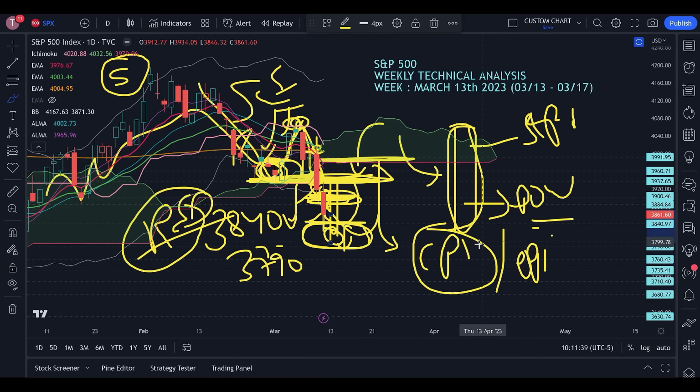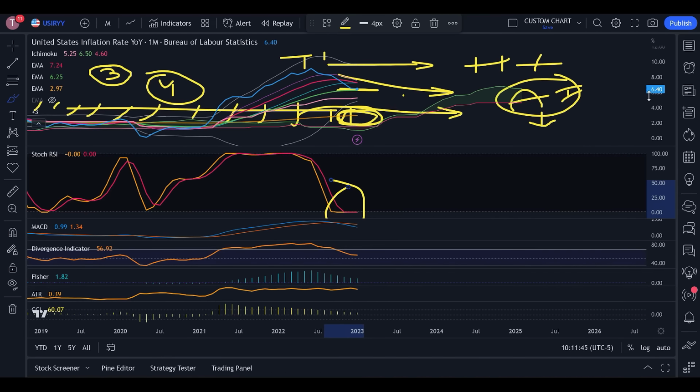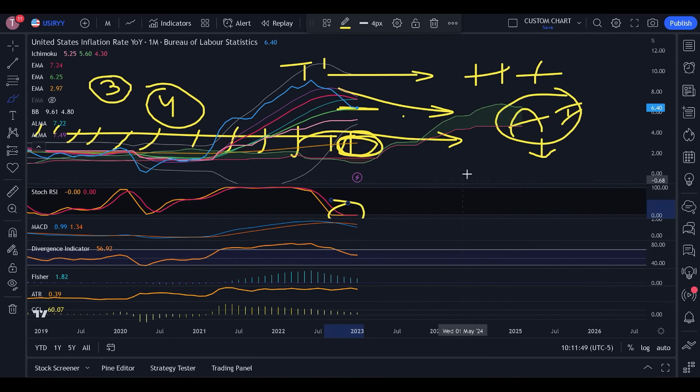Because if a better than expected CPI data comes, the previous CPI data was 6.4. This time Wall Street is expecting 6.1. If anything above 6.4 comes, the stock market will give up heavily.